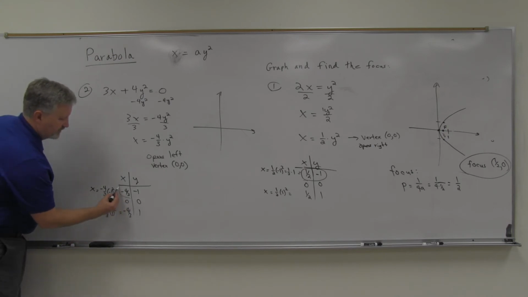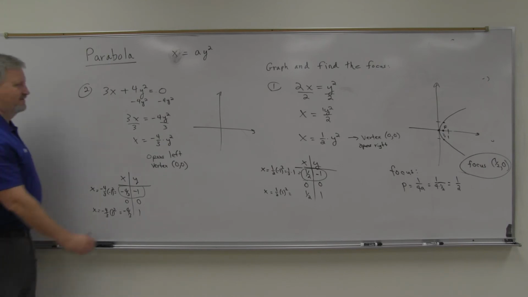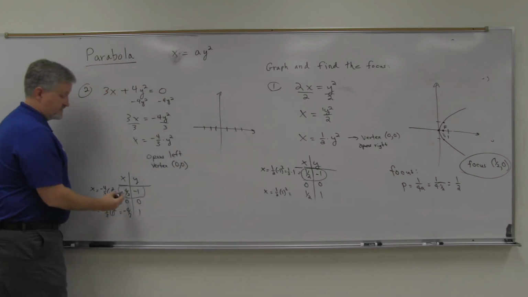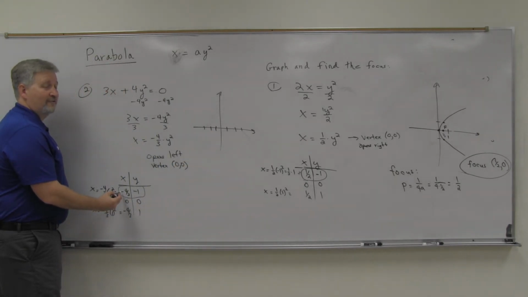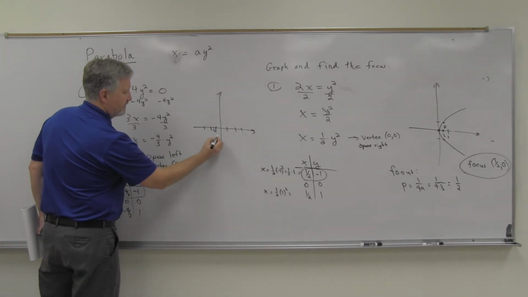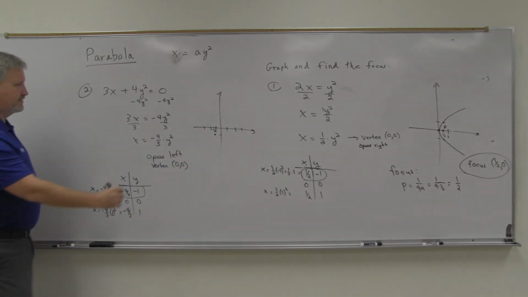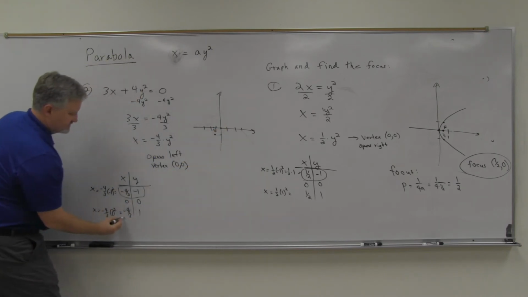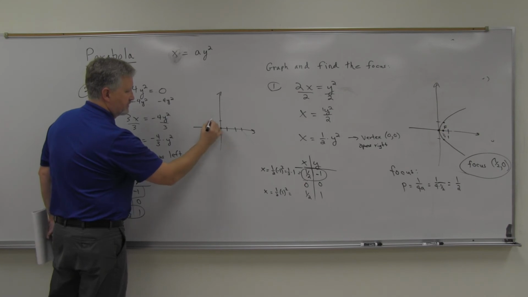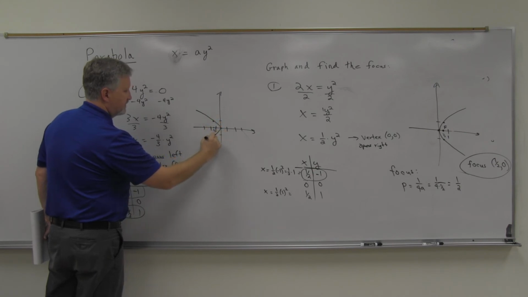All right, so what quadrant is the point negative 4/3, 1 in? Negative 1 and 1/3 for the x, so it's quadrant 3. 0, 0, there's my vertex. And then this is negative 4/3 comma 1, so x is negative 4/3, y is 1. So that verifies that we do have a sideways parabola opening left.